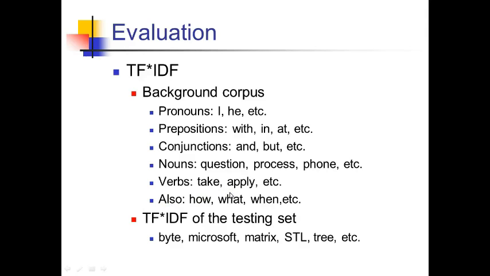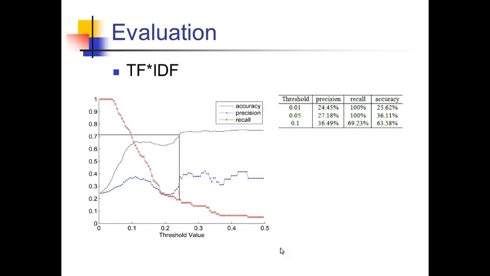And for the testing set, the TF times IDF terms with the highest weighting are Byte, Microsoft, Matrix, these terms. It is obvious that like the STL tree, Byte terms are highly relevant to the software engineer position. However, Microsoft is just a company name, which shows the drawback of the TF times IDF.